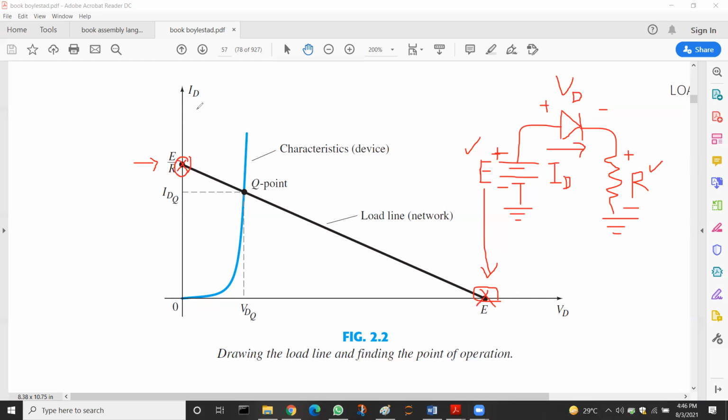The y-axis here is the current axis, and we know the important formula V is equal to IR. This formula, which is Ohm's law, with V equal to E, lets us write here that the current is equal to E divided by R.